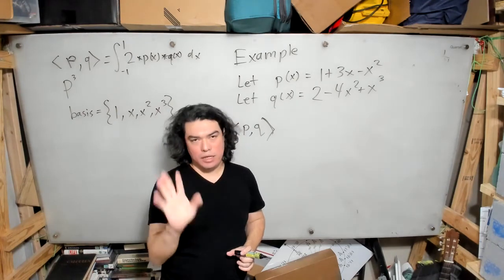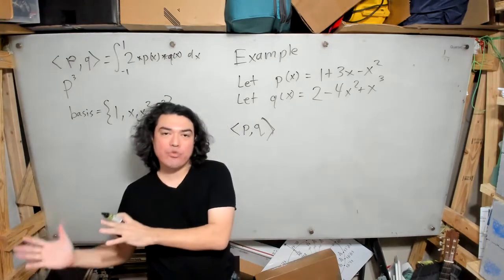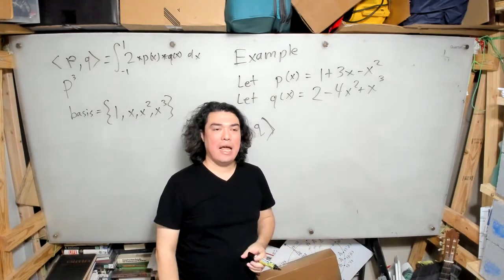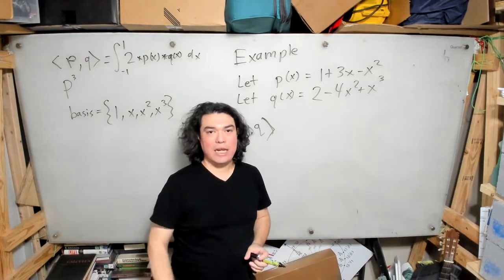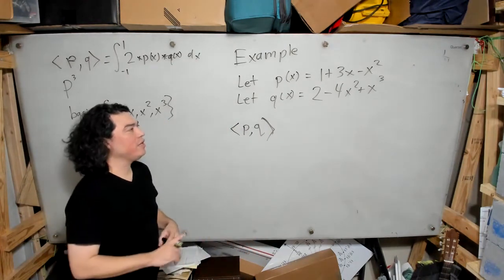What I want you to know is this: we're going to translate those geometric ideas to an abstract space where the ideas might seem slightly different, but they're going to be just as useful.